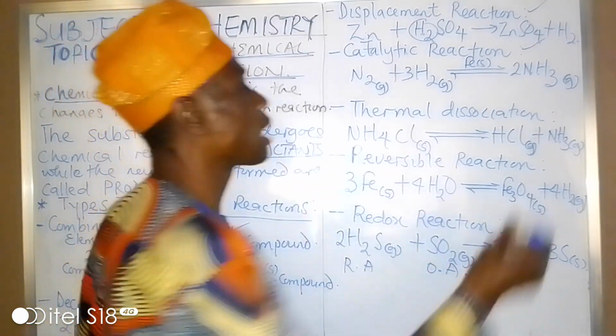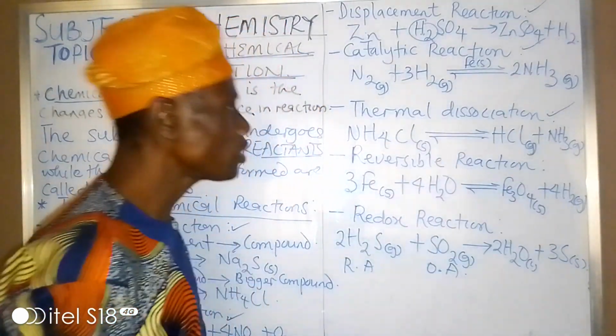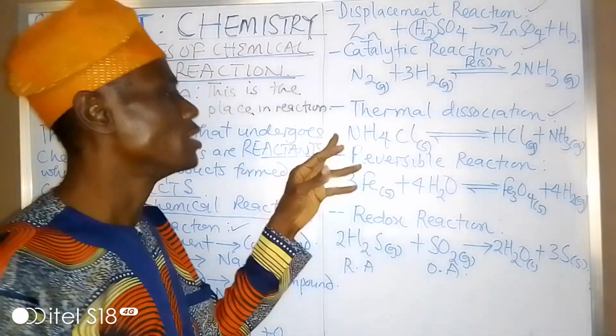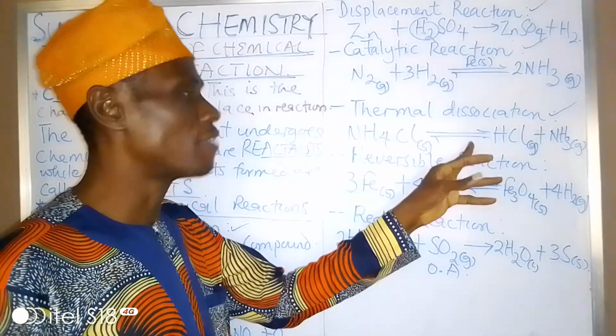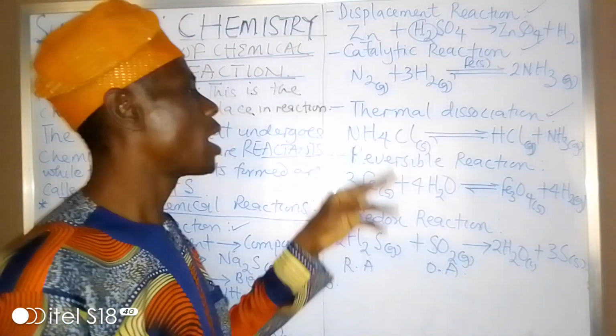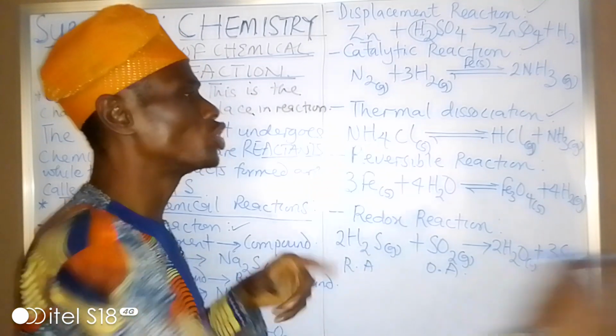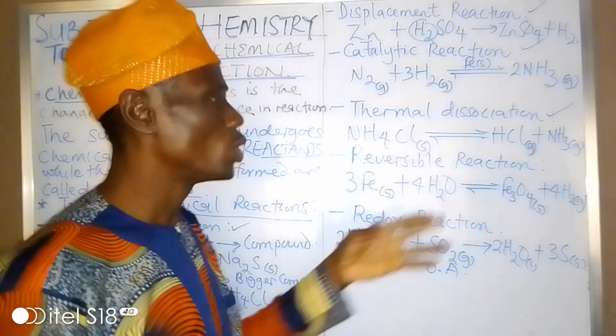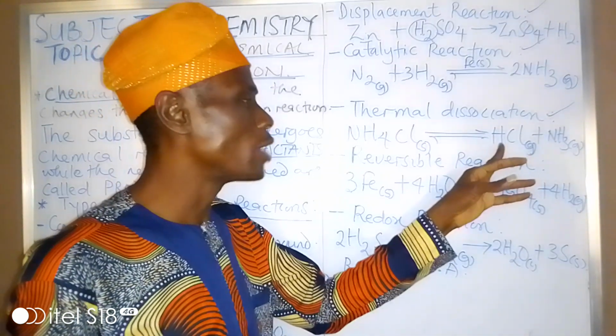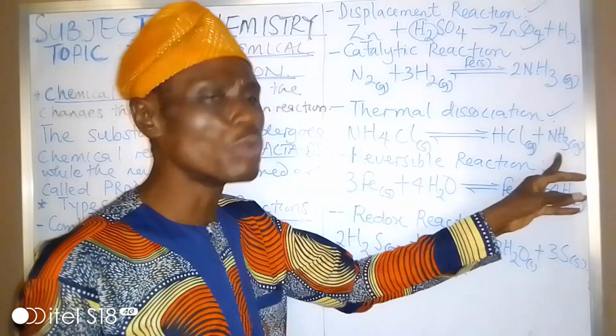Another reaction is called thermal dissociation. Thermal dissociation is also a form of what? Reversible reaction, like we have here, whereby ammonium chloride dissociates into what? Two: it splits into hydrogen chloride gas and ammonia gas.